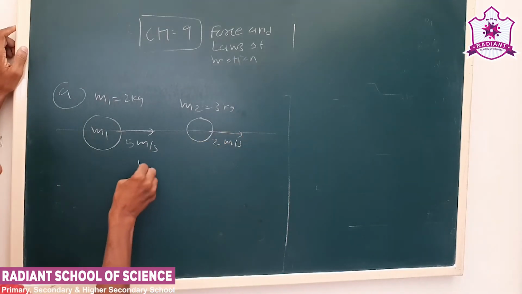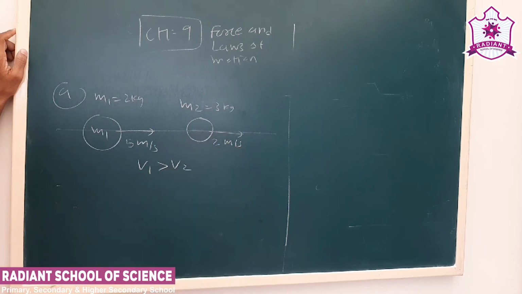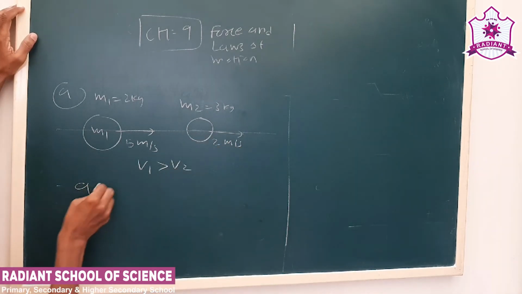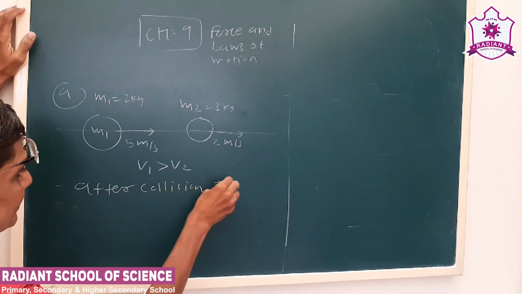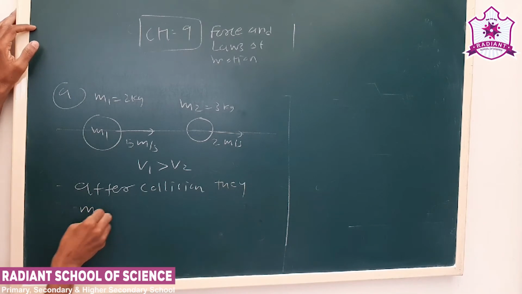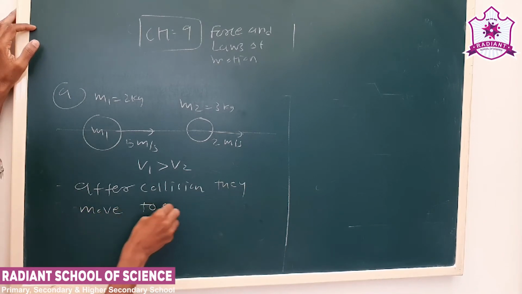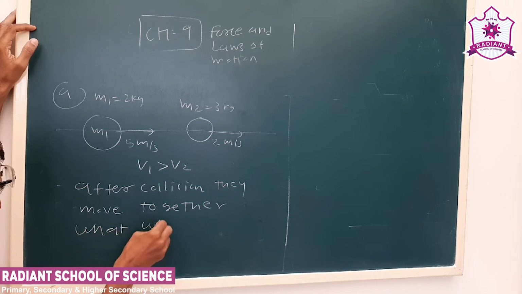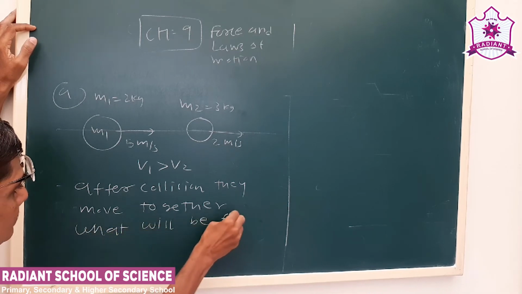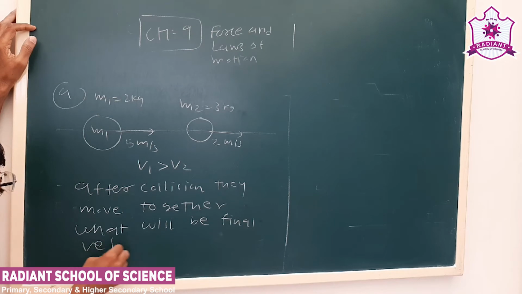Here v1 is greater than v2, so naturally there will be a collision. After collision they move together. What will be the final velocity?